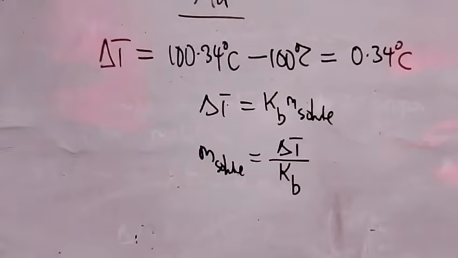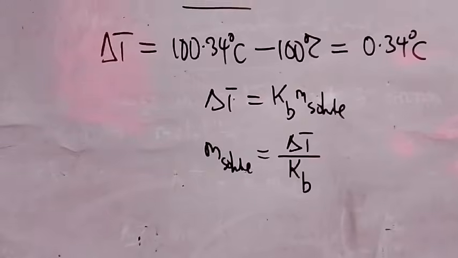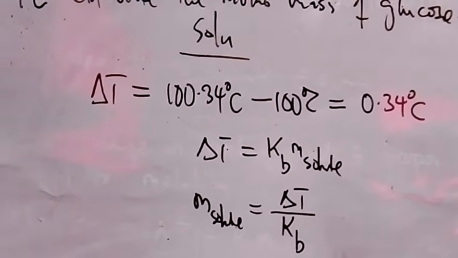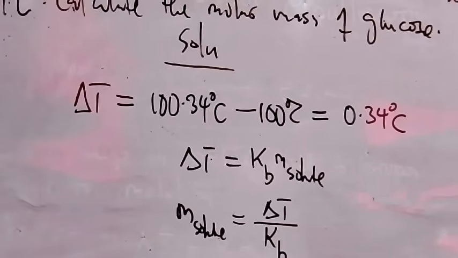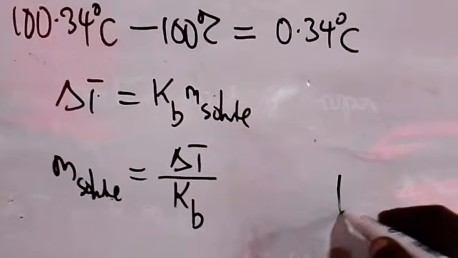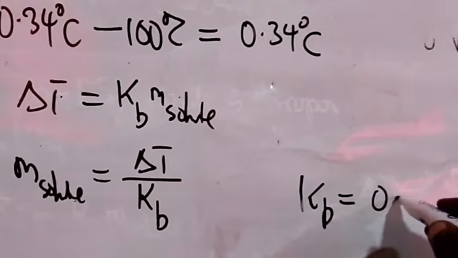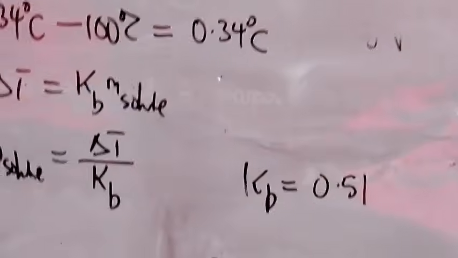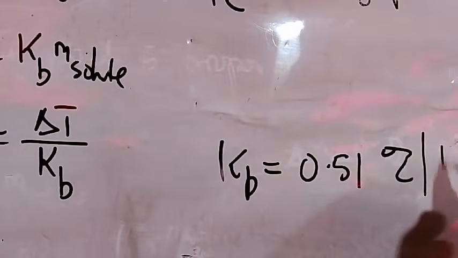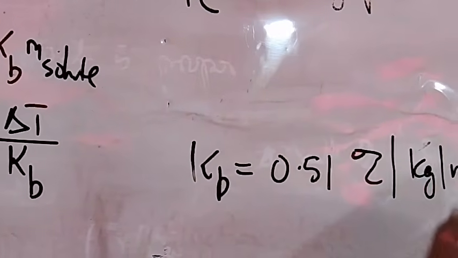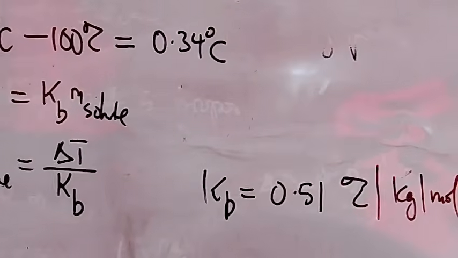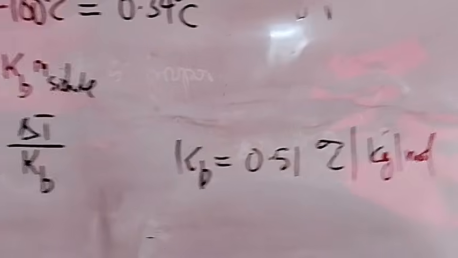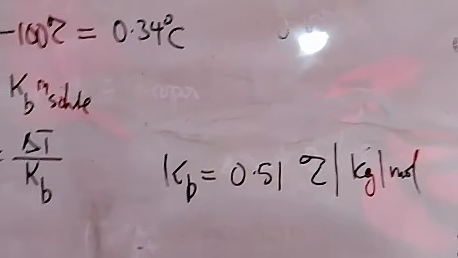Kb is given, it's a constant. The Kb for water is equal to 0.51 degrees Celsius kg per mole.